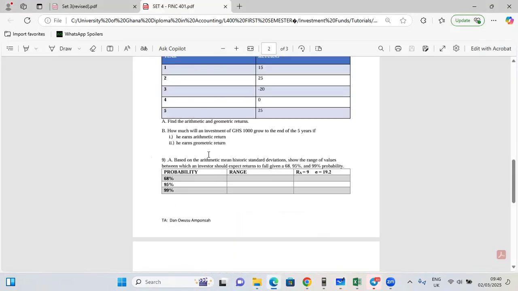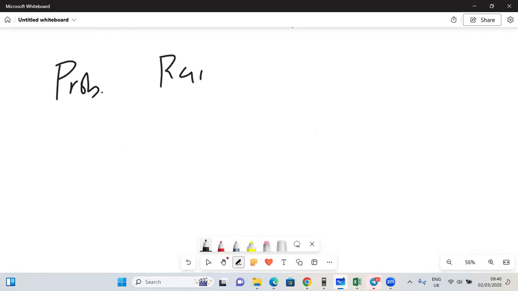So I don't know why here they did it like this, but we have the probability, then we have the range, then we have the returns as A, and then the standard deviation.